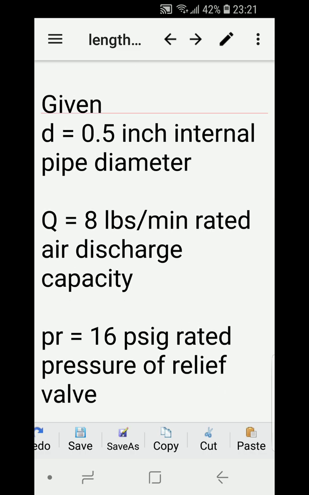Okay, we analyze our given. We're given the internal pipe diameter of 0.5 inch. We're given the rated air discharge capacity, 8 pounds per minute, and the rated pressure of the relief valve is 16 psig.